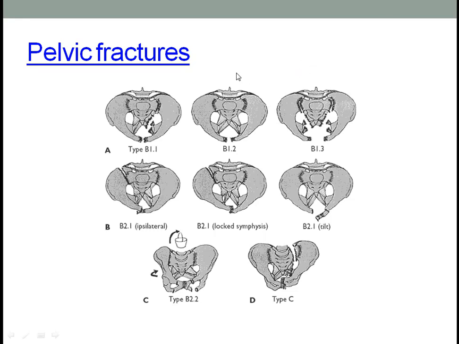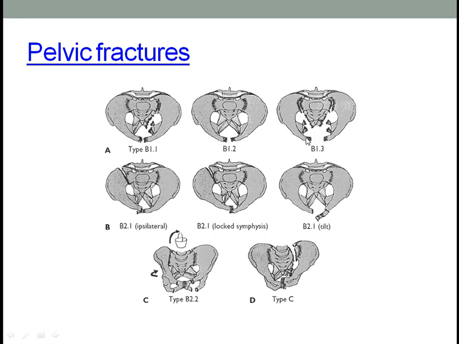As you see here, the pelvic fracture, as we mentioned, sometimes could be just a ligamentous injury. The anterior and the posterior ring will be disturbed. As you see here, this is the symphysis pubis and this is the sacroiliac joint. These are the two ligaments here, the sacrospinous and the sacrotuberous ligament.